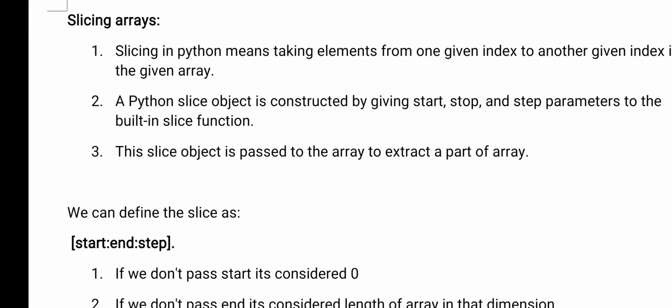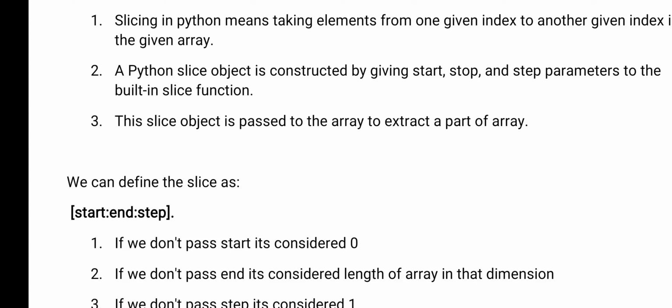Now in Python, a slice object is constructed by giving start, stop and step parameters to the built-in function. So in Python we have one more method using which you can extract elements from a given array. Built-in function means the function is already there, you just need to give parameters. You have different kinds of functions: one is a user defined function, the second is a built-in function.